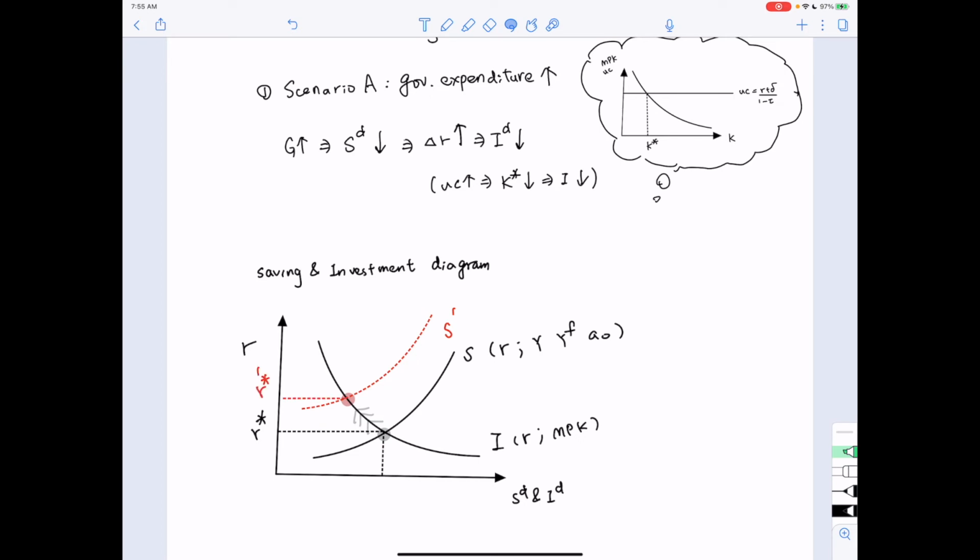So you will ask, wait a minute, we say that investment desire should decrease, but why doesn't the investment curve shift? That is because the reason the investment changed is that saving fell. When saving fell, it causes the equilibrium price to change.